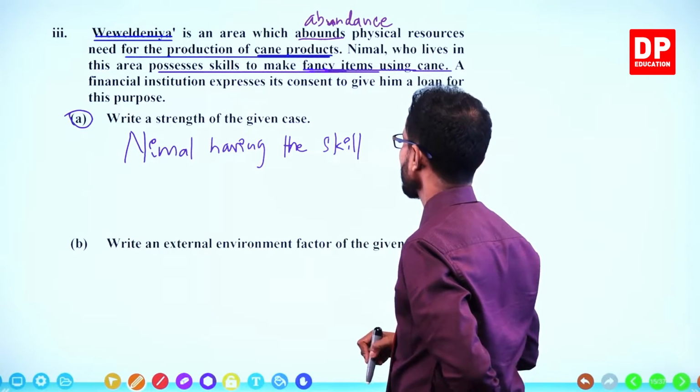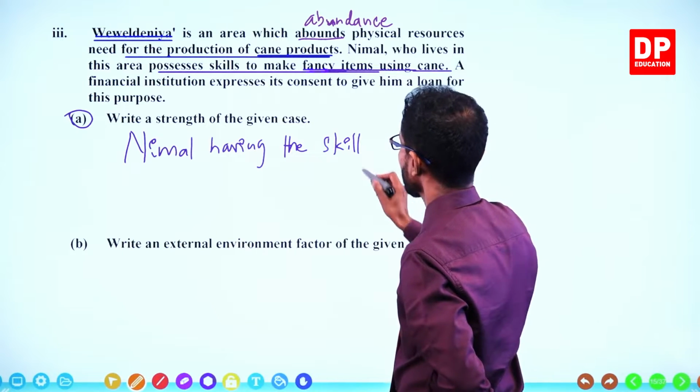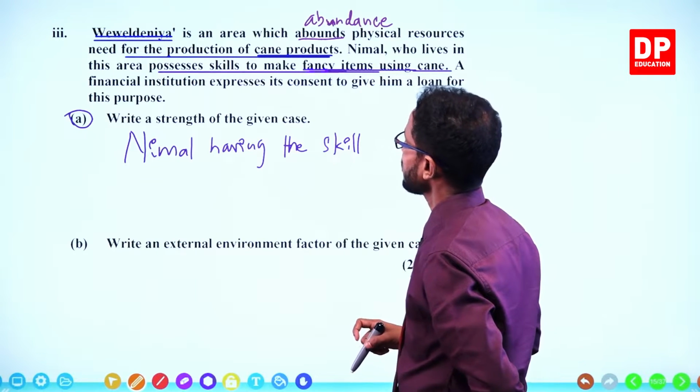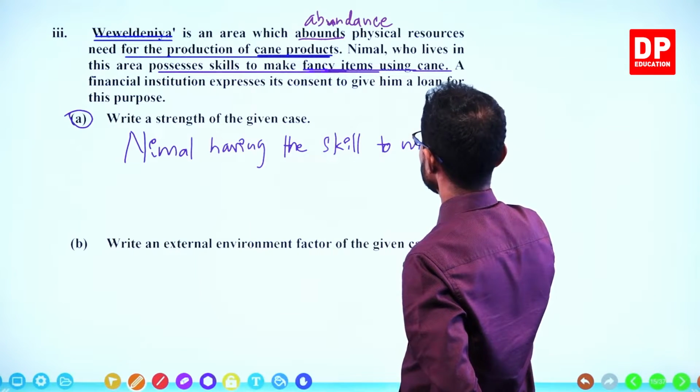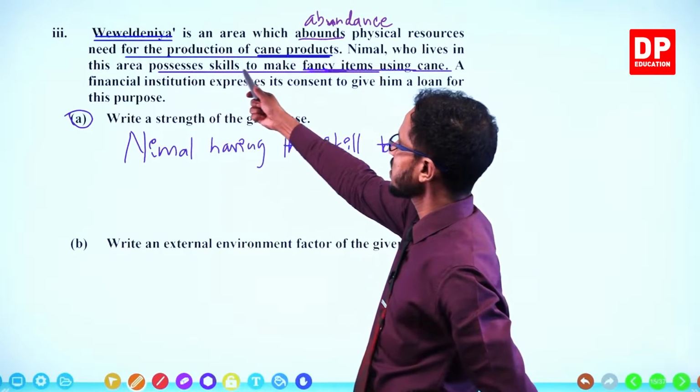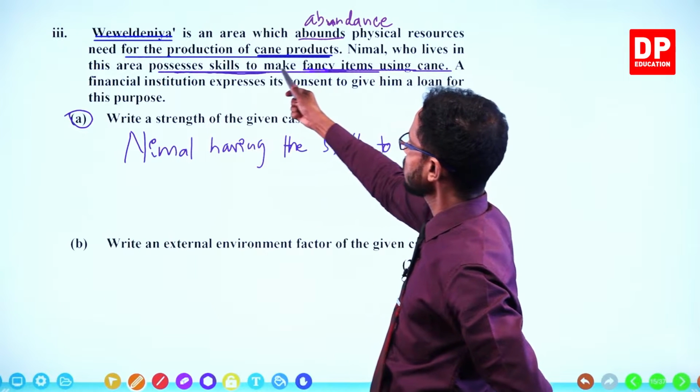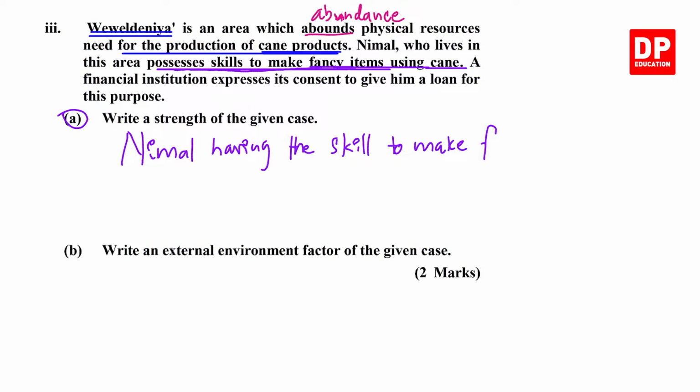Nimal has the skill to make. See, I have underlined, possesses skill to make fancy items.